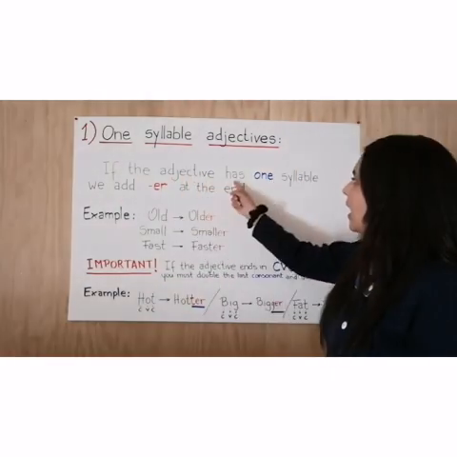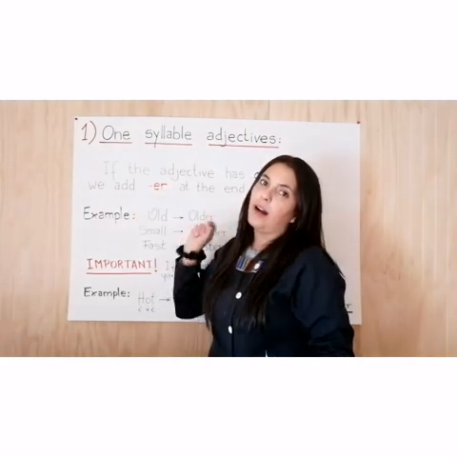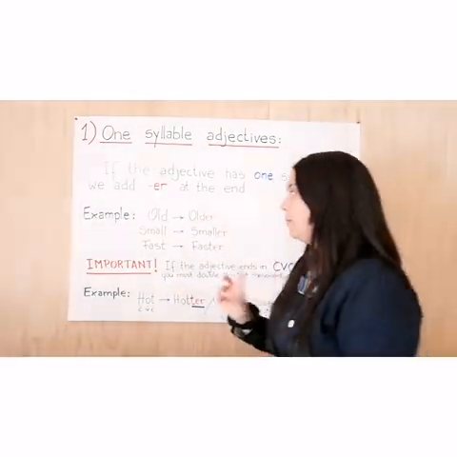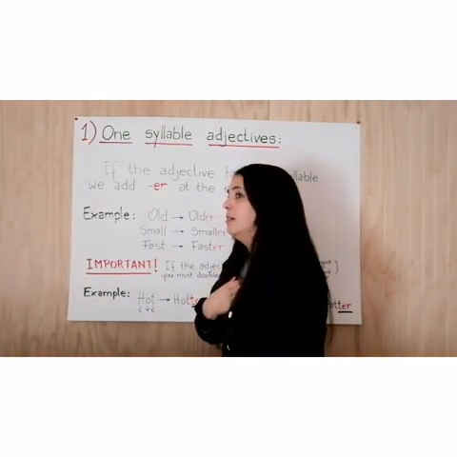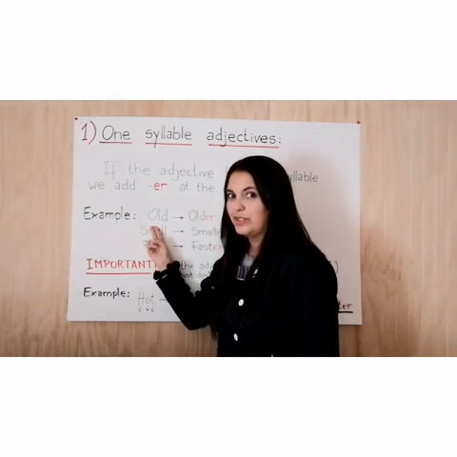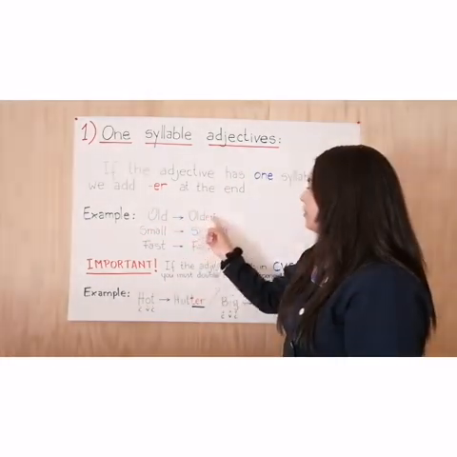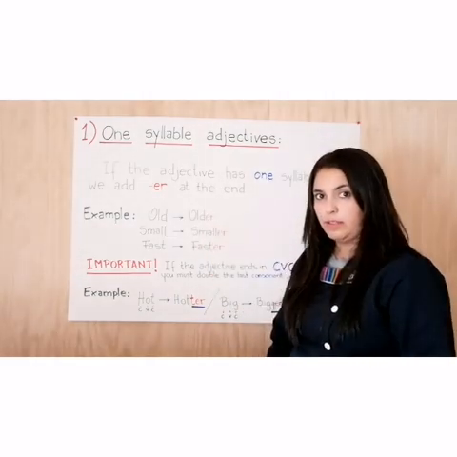If the adjective has one syllable, we add er at the end of the adjective. For example, the adjective is old, like my grandma. Old, one syllable. So we add er at the end. Older.